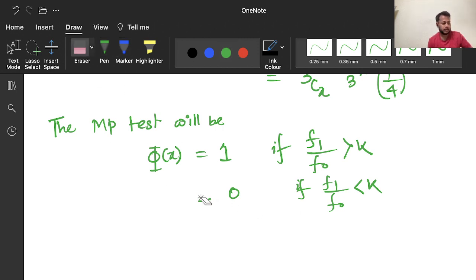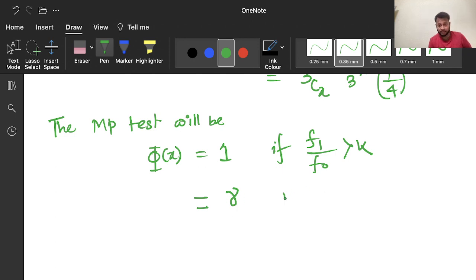Or let me do another thing: reject it with probability gamma if f1 by f0 is equal to k, and equal to 0 if it is less than k.